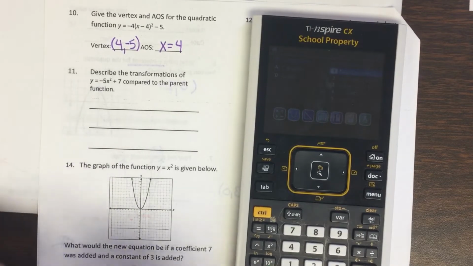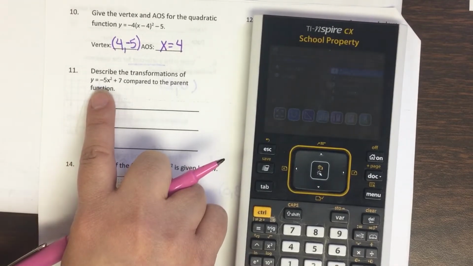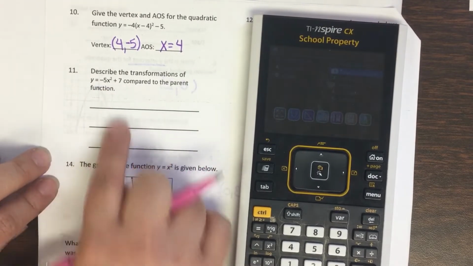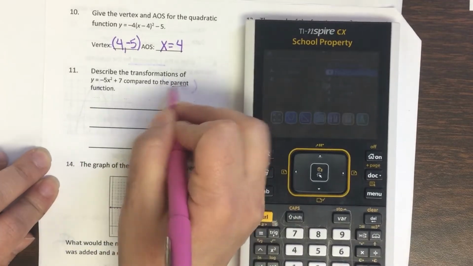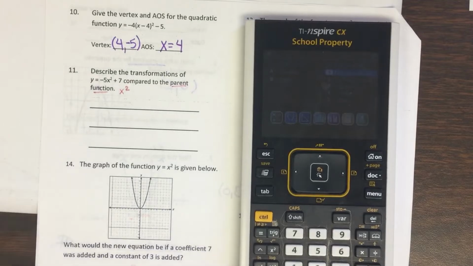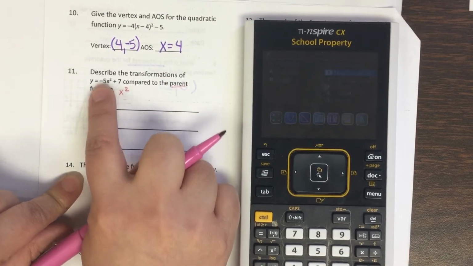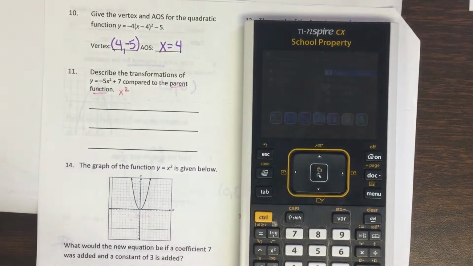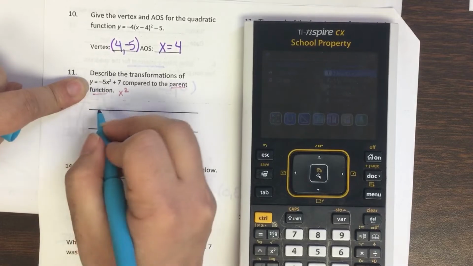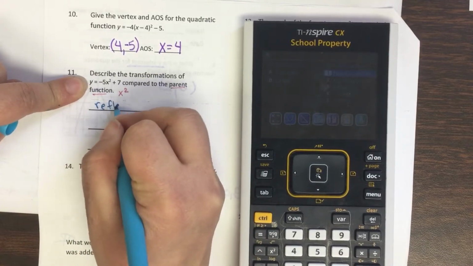Question 11 is telling us to describe the transformations of y equals -5x squared plus 7 compared to the parent function. The parent function is that x squared. So when I'm looking at this, going from -5x squared to x squared, there's a difference going on. One, I have a negative, which means it's been reflected. Instead of opening up, it's opening down.